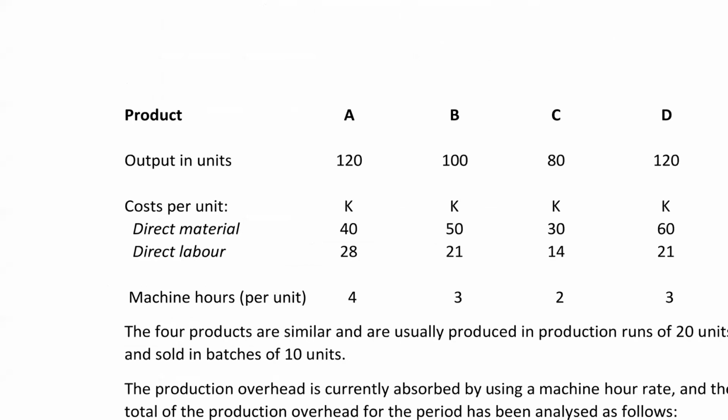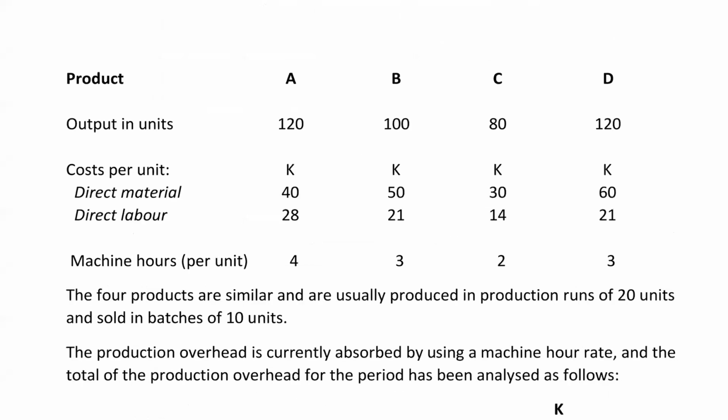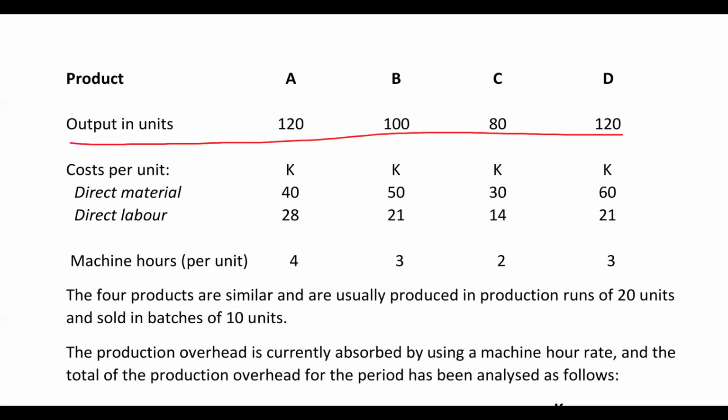Pay attention to the information. They have given us the units produced. Remember, here we are not asking about the profit. We are finding the cost. So we are given the units that are produced for all the products.